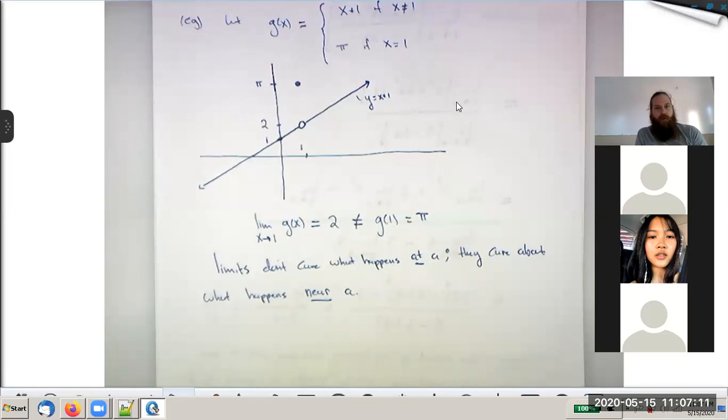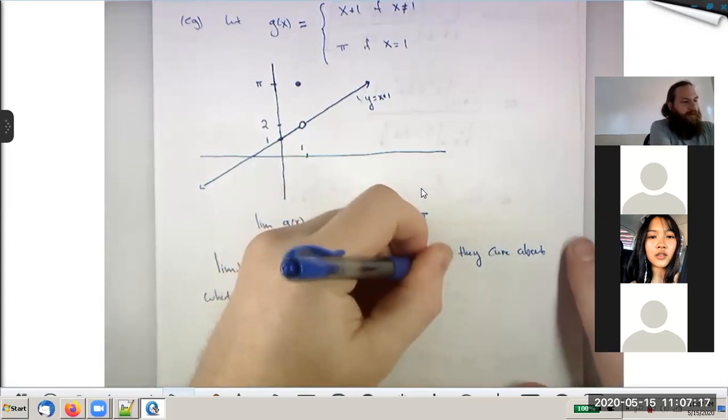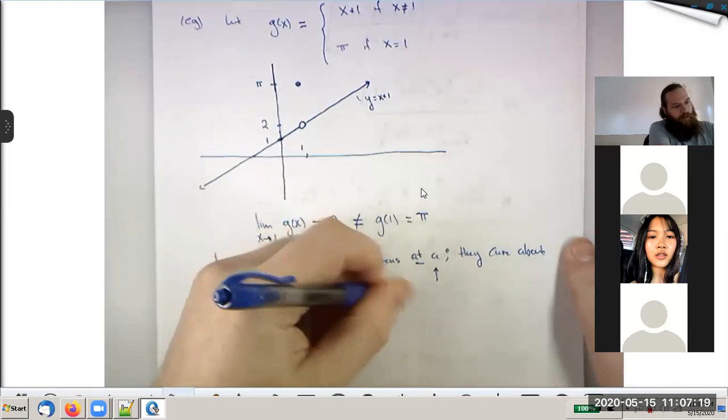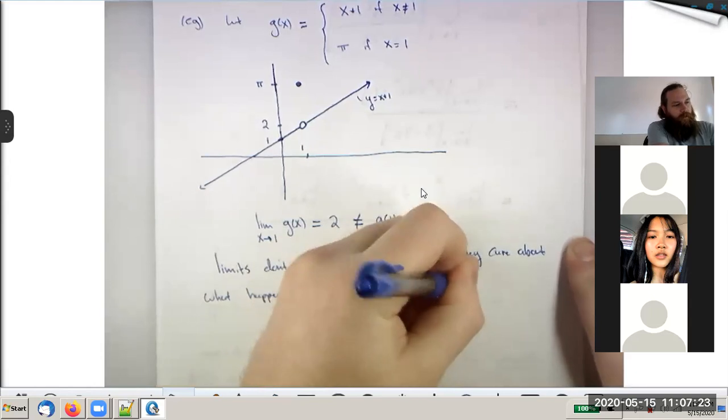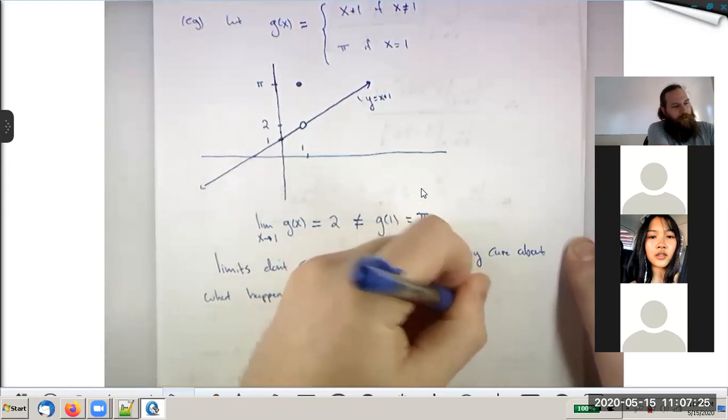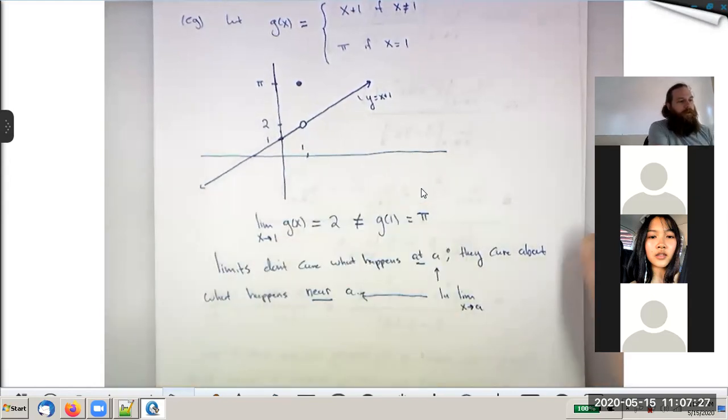Which is a. So in this example, I've been using the notation limit as x goes to a. So a is the place where I'm trying to send x in my limit.